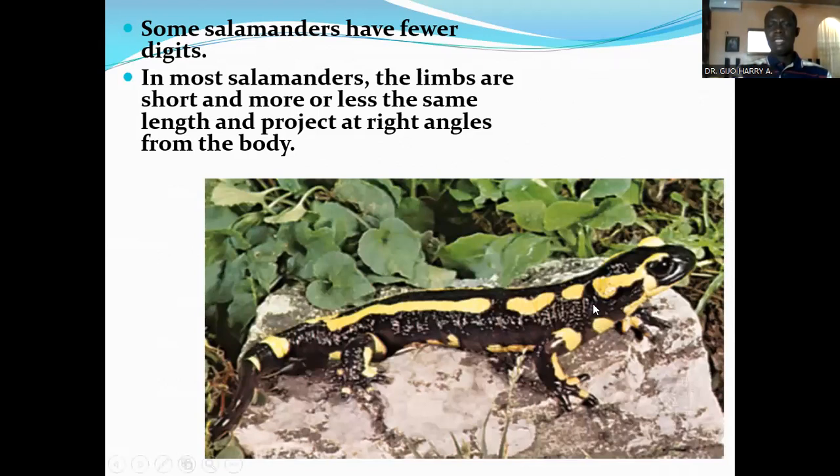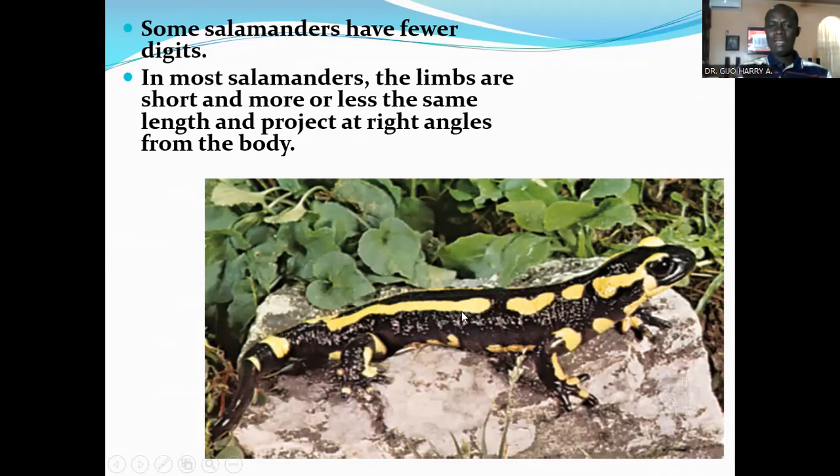What's the distinction between a salamander and a lizard or other reptiles? Like we said before, salamanders have 4-digit toes that do not have claws, while reptiles have 5-digit toes with claws.